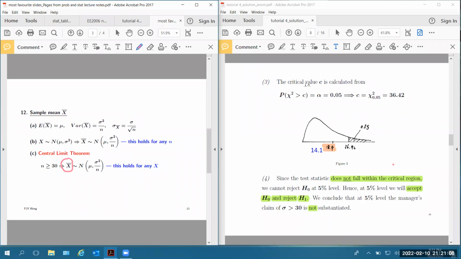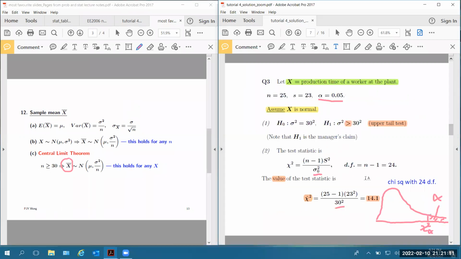You mean the small thing above the X, this chi-square hat? You are asking me if you don't put the hat, whether it is important or not? Since I put the hat, then you also go and put the hat on.